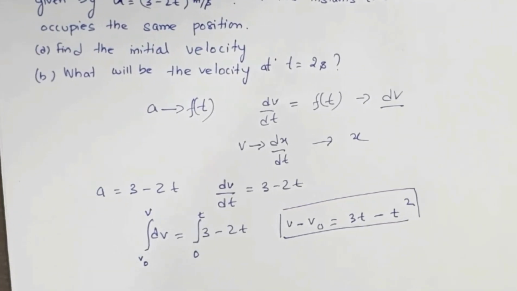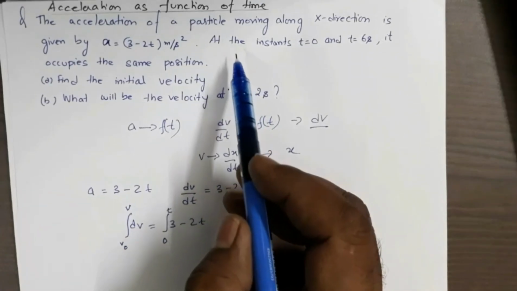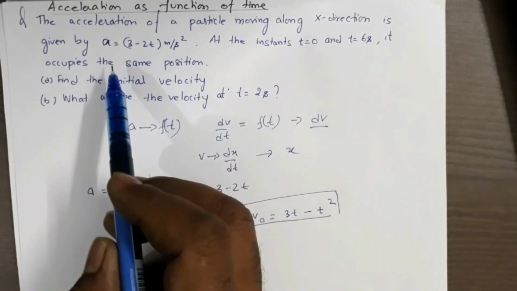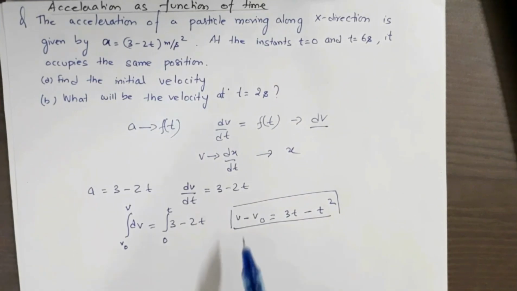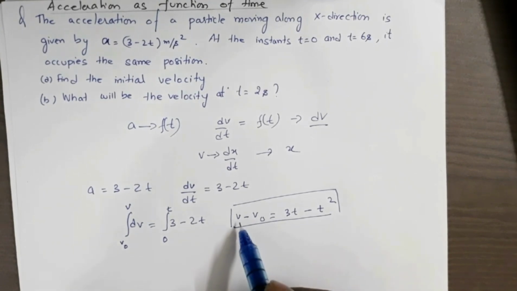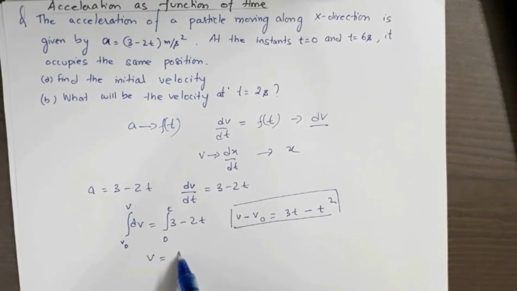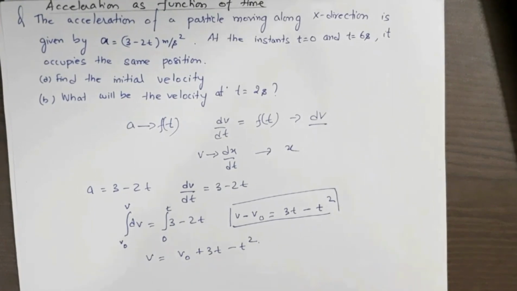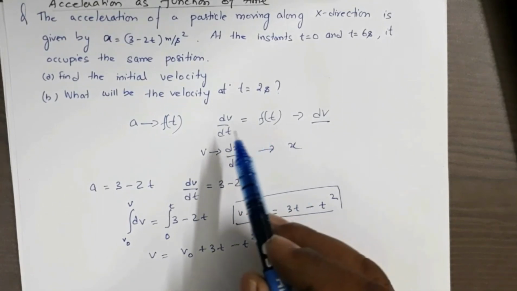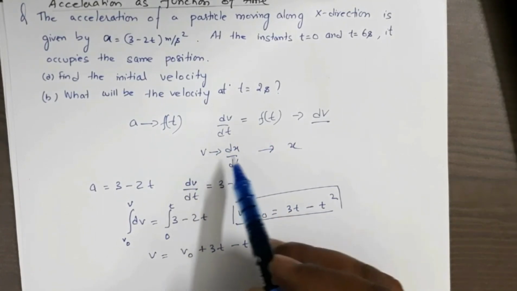Now in the question it is given that at the instants t equal to 0 and t equal to 6 second, it is having the same position. So we have to convert this equation in velocity into an equation in terms of position. Now v is equal to v naught plus 3t minus t square. As I told you, if from velocity you have to find position, then you have to use the concept v equal to dx by dt.